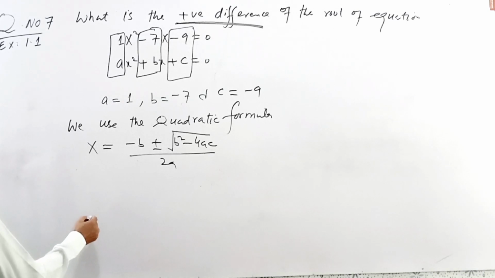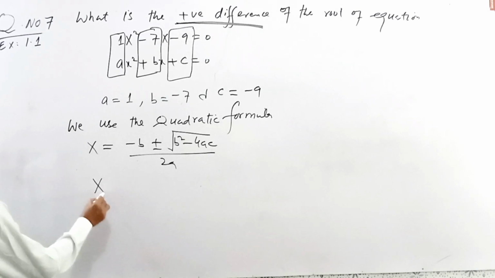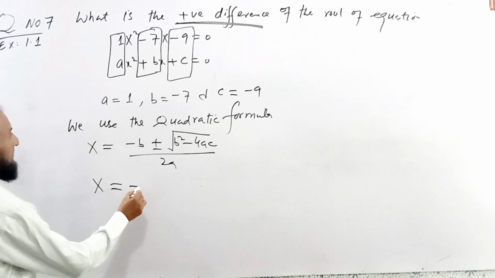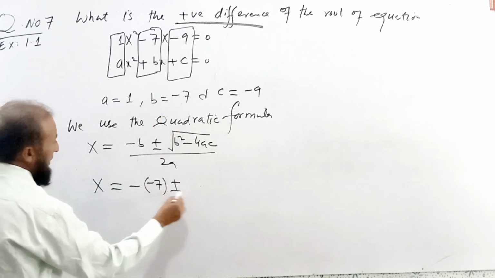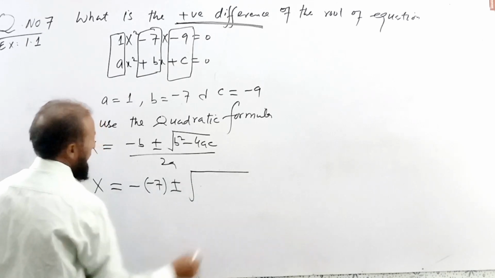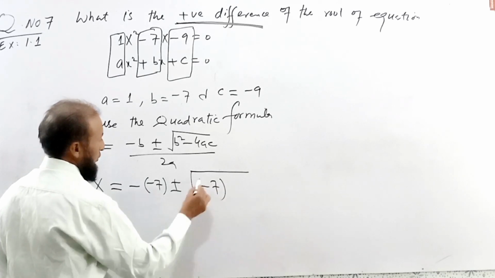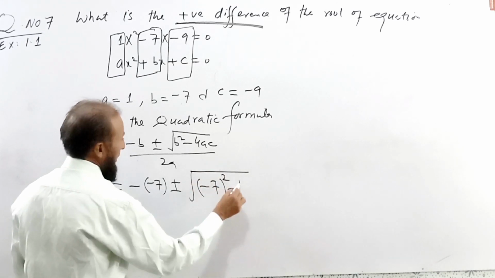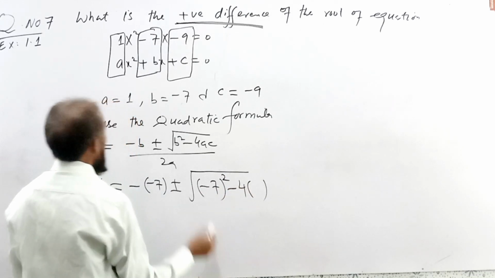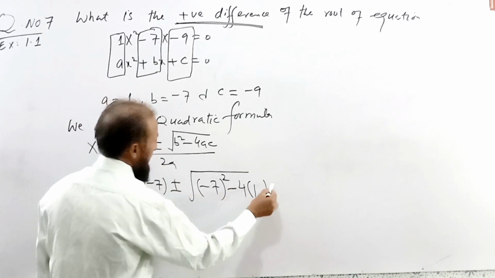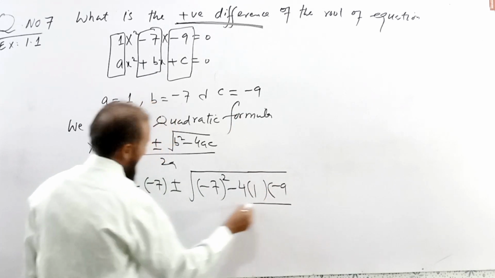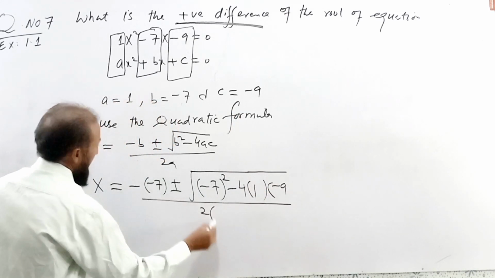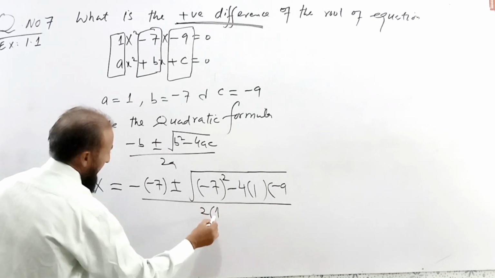We substitute these values in the formula. Minus b is minus of minus 7, so we put 7, plus minus square root of minus 7 square minus 4ac, with a equal to 1 and c equal to minus 9, divided by 2a, where a is equal to 1.